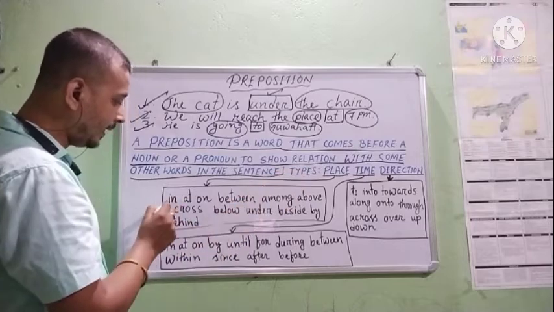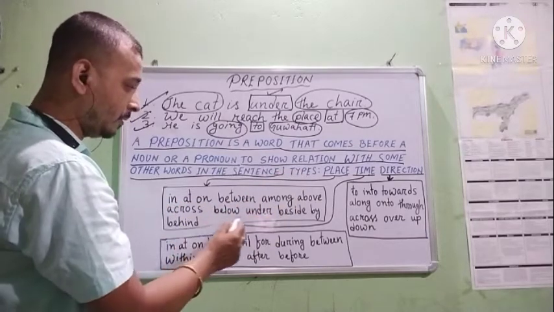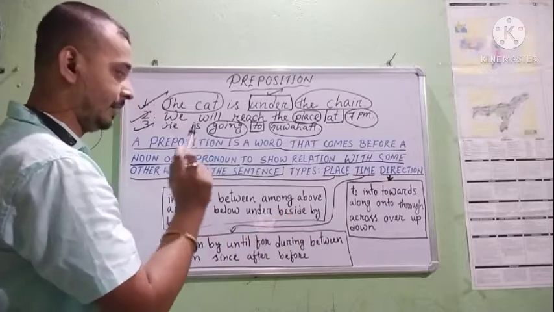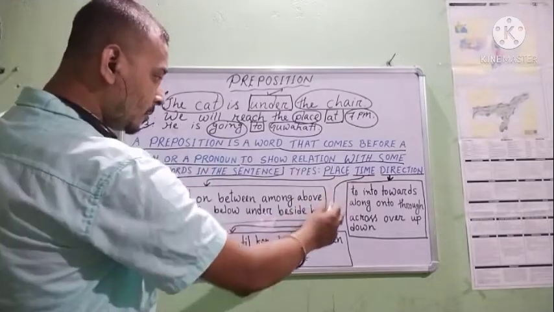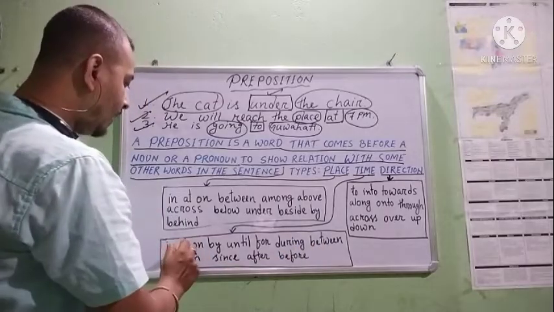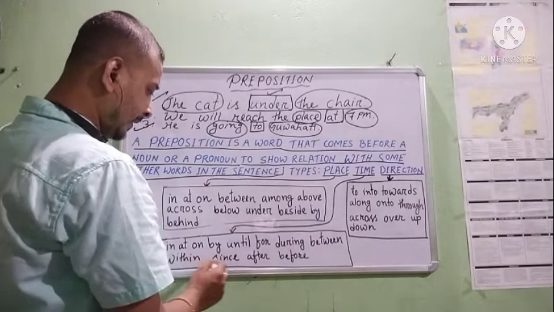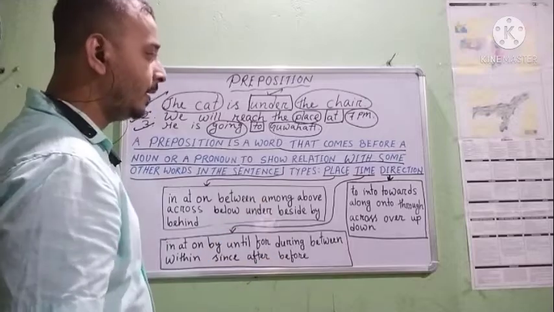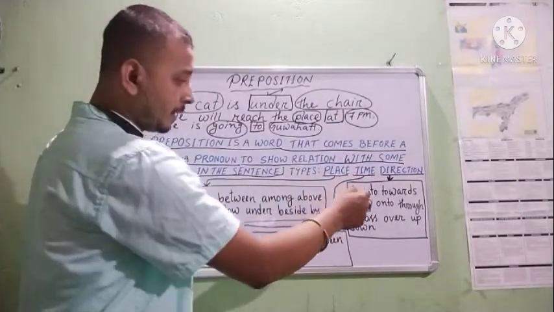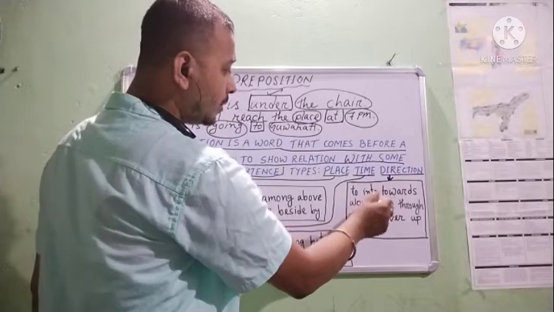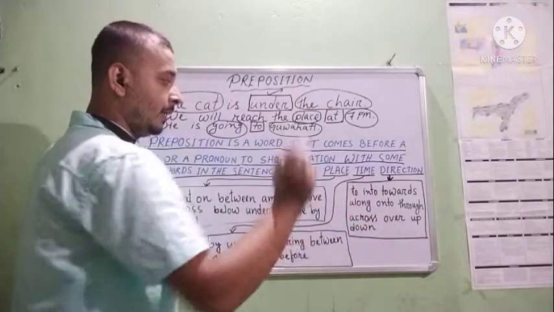Prepositions of place are in, at, on, between, among, above, across, below, under, beside, by, behind. These are prepositions of place. Next, prepositions of time: in, at, on, by, until, for, during, between, within, since, after, before. Next, prepositions of direction are to, into, towards, along, onto, through, across, over, up, down.